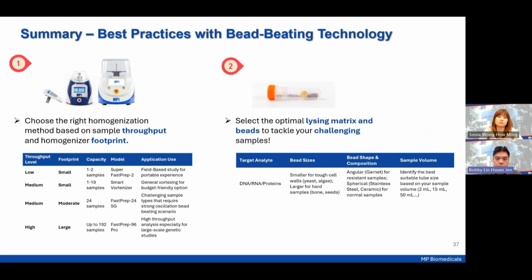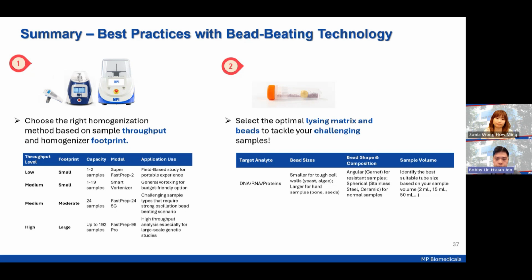So in summary, we've addressed the different challenges in different sample types, and now back to the best practices with our bead beating technology. First, we have to take different considerations into account, starting with understanding your sample throughput and selecting the right homogenizer. For instance, if you have a lower throughput, such as one or two samples, maybe the SuperFastPrep is ideal for you.